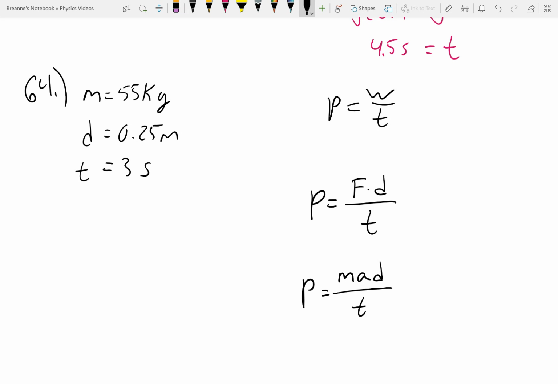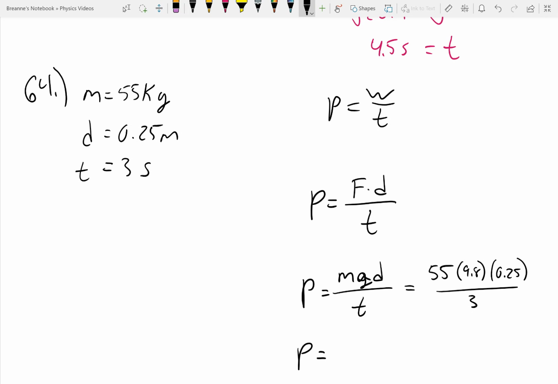There we go, so make sure you don't get mad doing this problem. We have mass, and we have our acceleration. In this case, since it's being picked up, our acceleration is acceleration due to gravity, and our distance divided by our time.